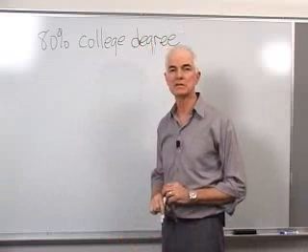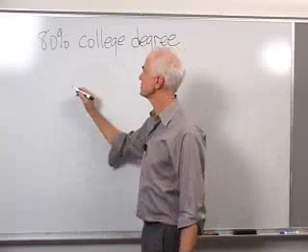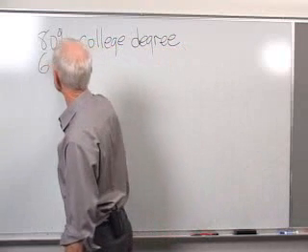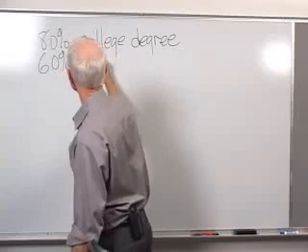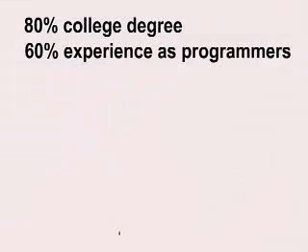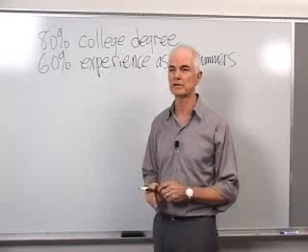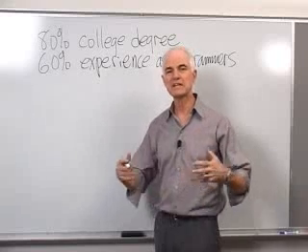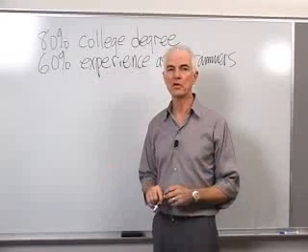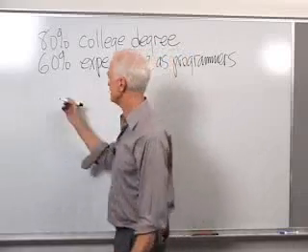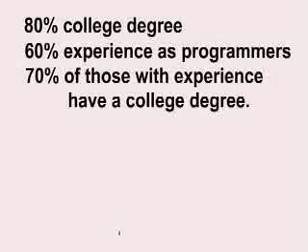Suppose, in addition, 60% of managers in the computer software industry have experience as programmers. Suppose that 70% of managers in the computer software industry who have experience as a programmer also have a college degree. That is, 70% of those with experience have a college degree.